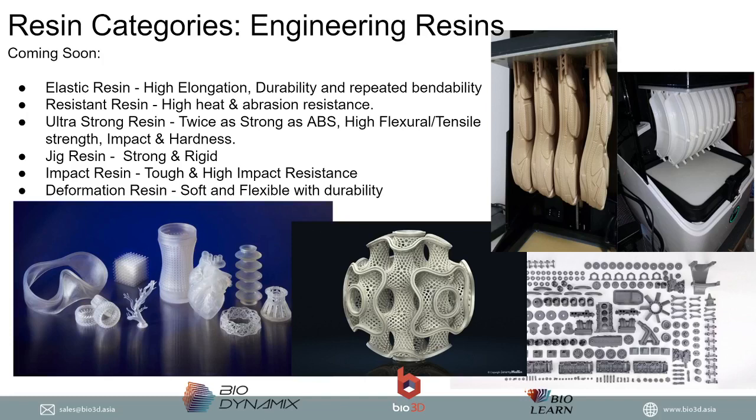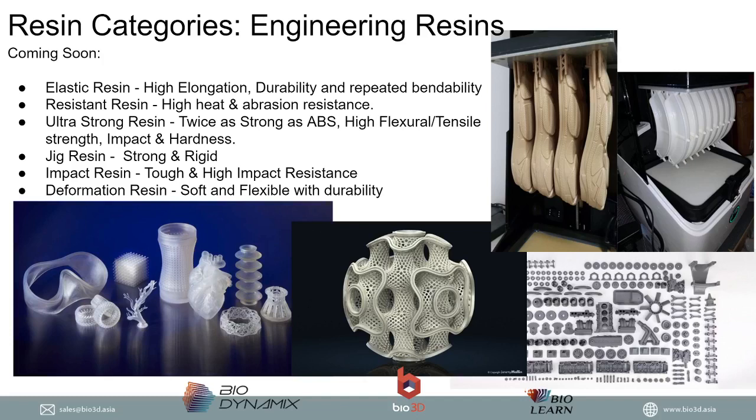And it's also extremely useful for jig manufacturing, as the resin name implies. This is the perfect resin to use for jigs. In terms of the properties of the resin, it has a very polycarbonate sort of property to it. So that will be an interesting resin to look forward to.